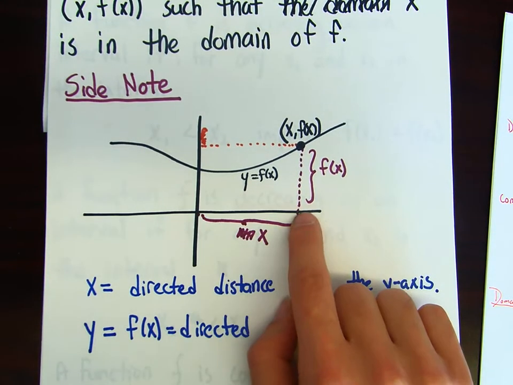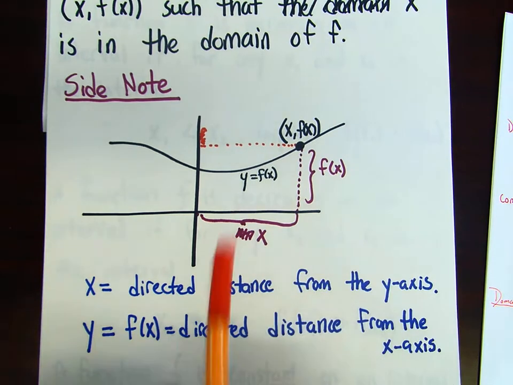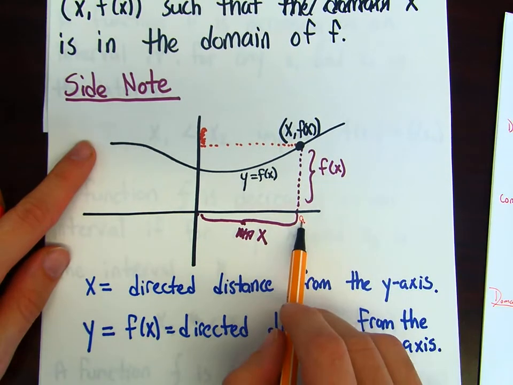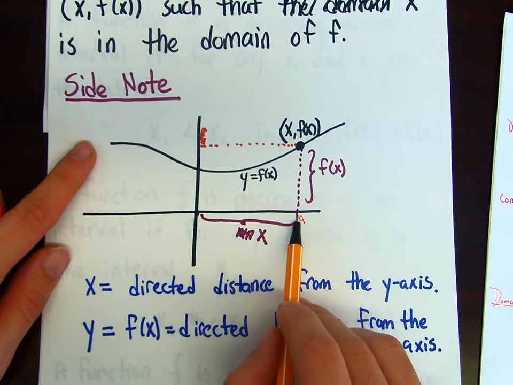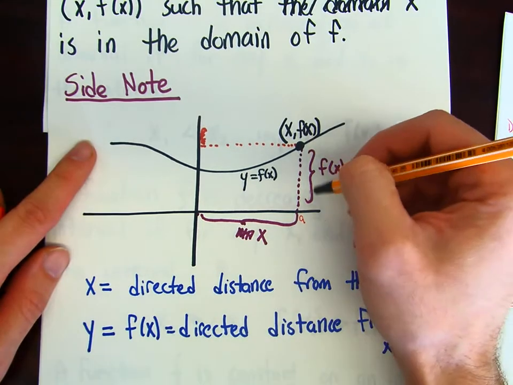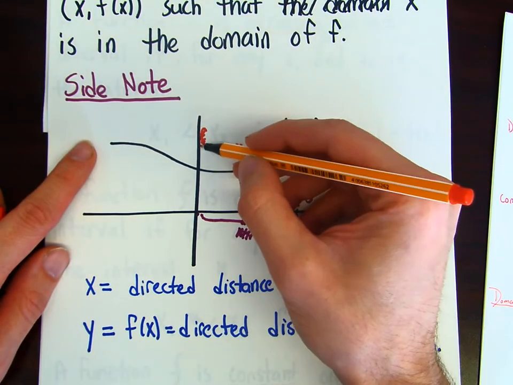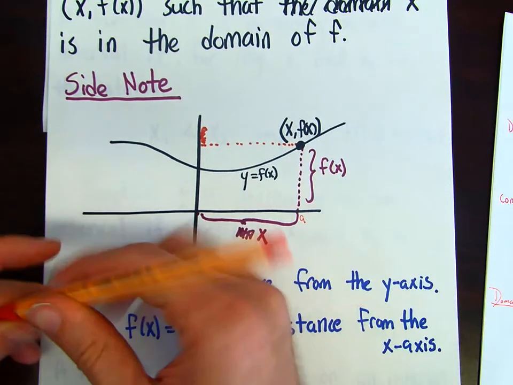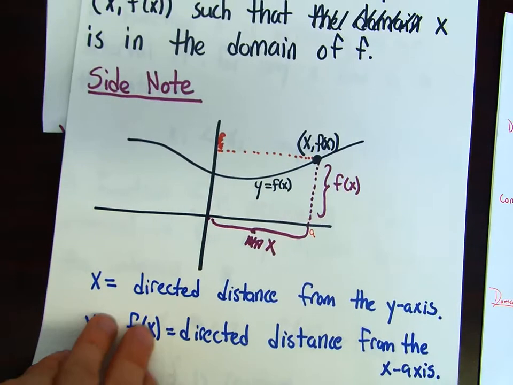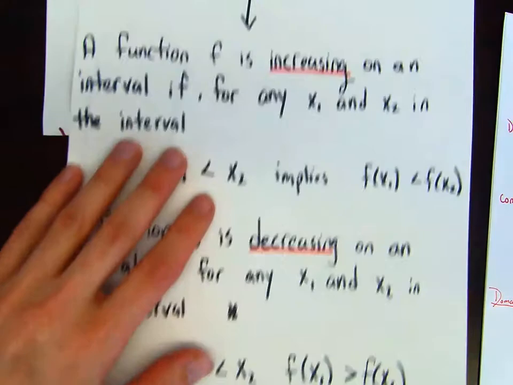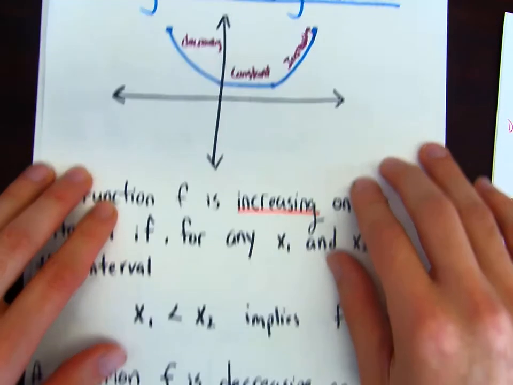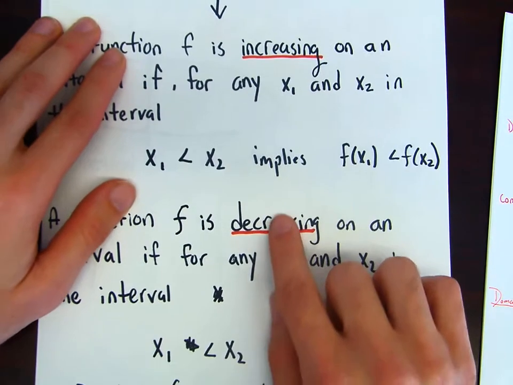So let's say if this is my x value, let's say this is a, then the distance of a would be from here to here, and the distance of f(x) would be whatever this y value is, this distance here. Okay, pretty straightforward, right?